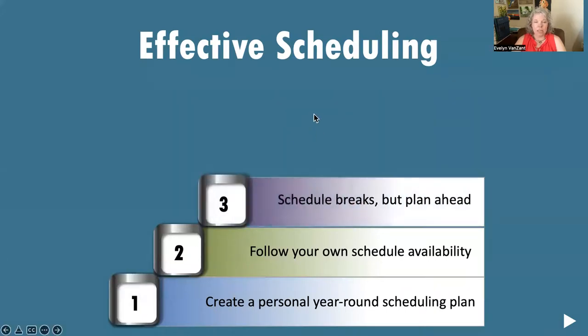The third thing is schedule breaks, but plan ahead. Oh my goodness, this is so critical. So critical. Don't just quit and walk away for a month. You need to have something on the end of that. Now, I have my breaks built in. I teach year-round. So I begin my classes in mid-January and I teach through mid-April.